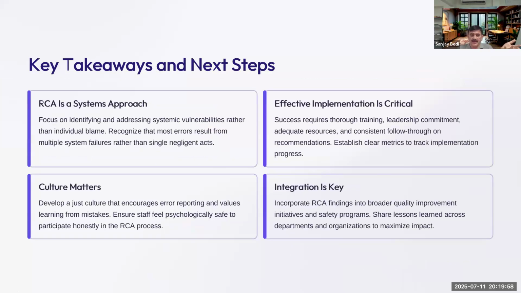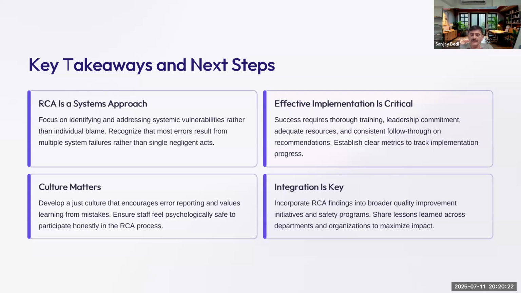So, key takeaways: RCA is a systems approach, and the focus is on identifying and addressing systemic vulnerabilities rather than creating individual blame. Most errors result from multiple system failures.